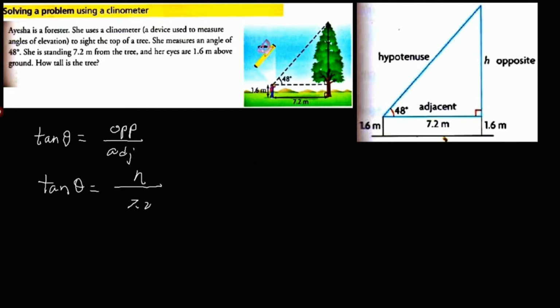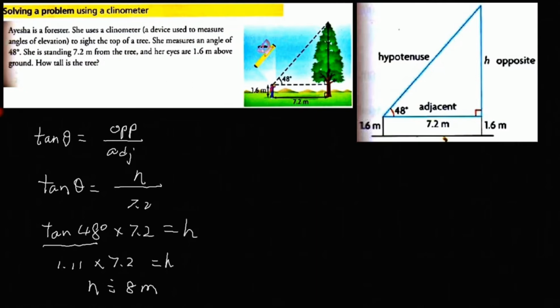So multiply both sides by 7.2. Tangent 48 times 7.2 equals h. Using a calculator, tangent 48 equals 1.11, times 7.2 equals h. So h is around 8 meters. Okay. So the 8 meters is this side, right? The question asked, how tall is the tree?